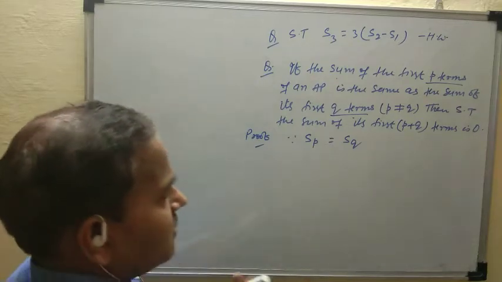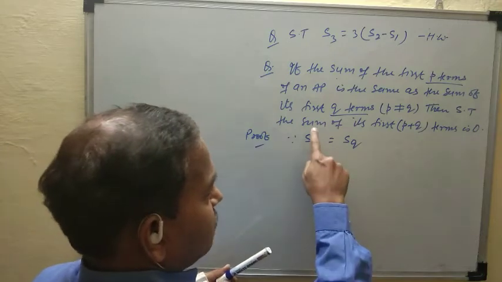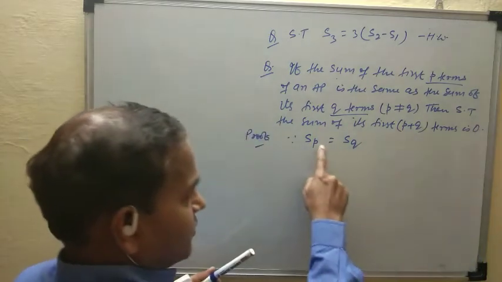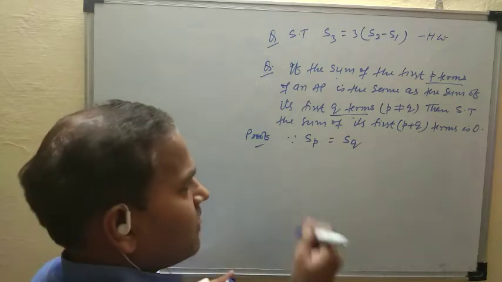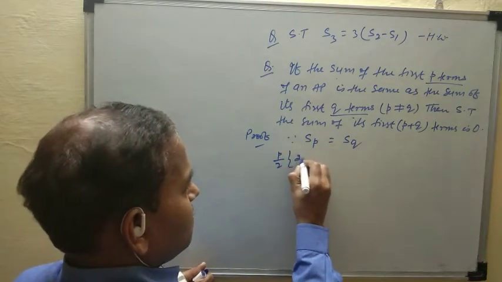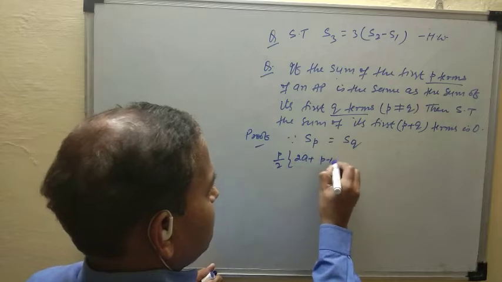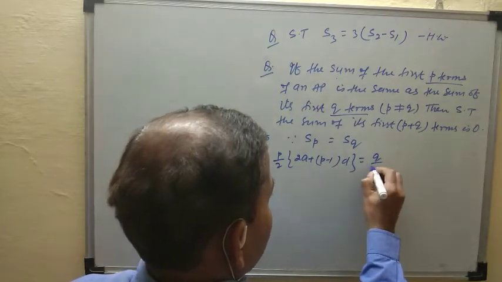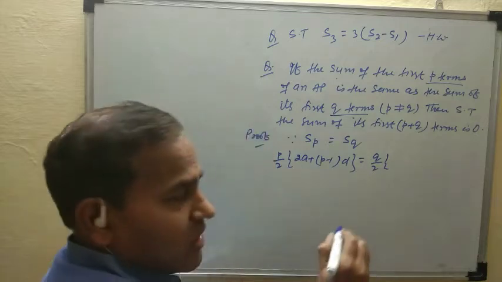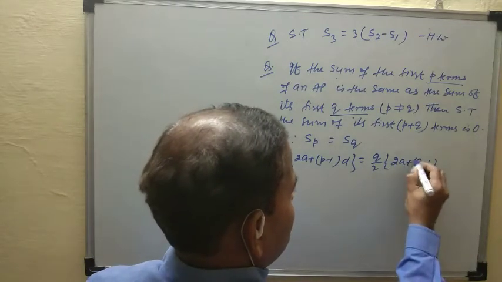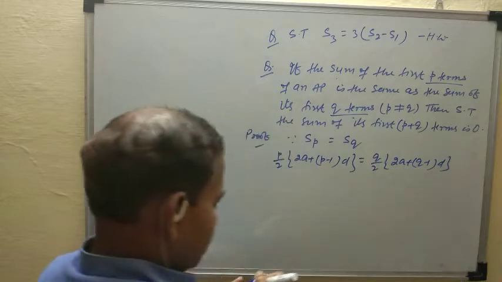Use the formula. First it is given, so use the formula: Sp is equal to p by 2 into 2a plus p minus 1 into d, and Sq is equal to q by 2 into 2a plus q minus 1 into d.